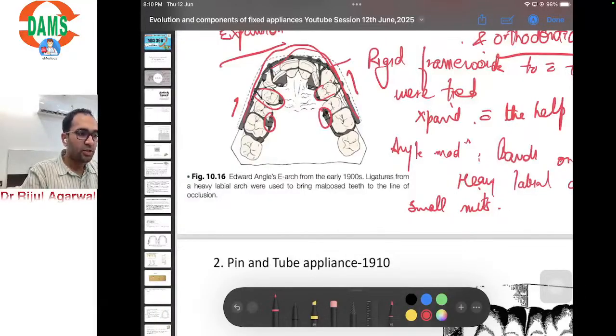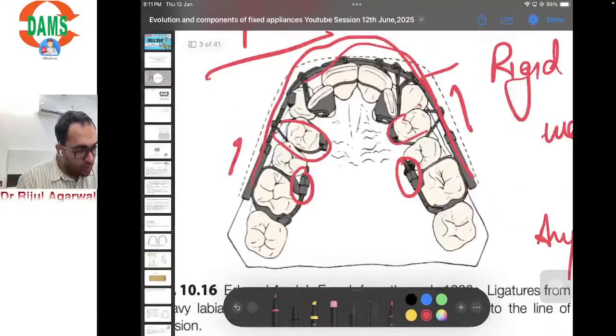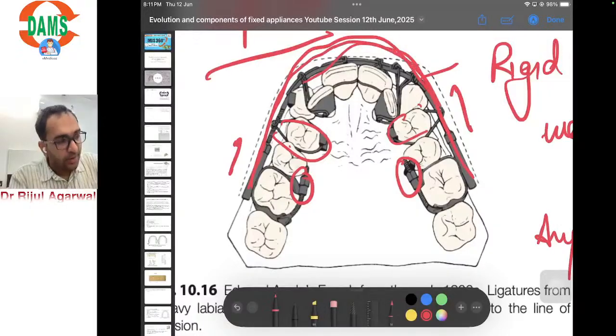Okay, so as I was telling, when this interruption occurred, Angle's modification of this expansion arch was, first, placement of bands and nuts. What was the advantage of these nuts? These nuts could be turned simultaneously so that the arch perimeter was expanded.